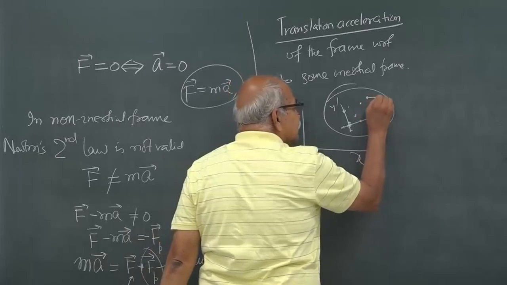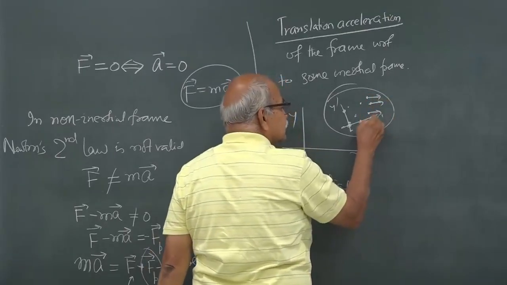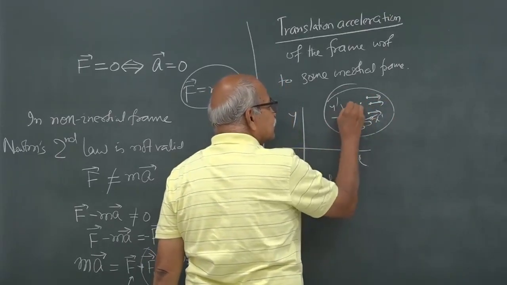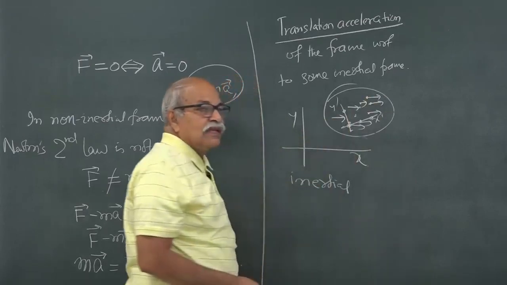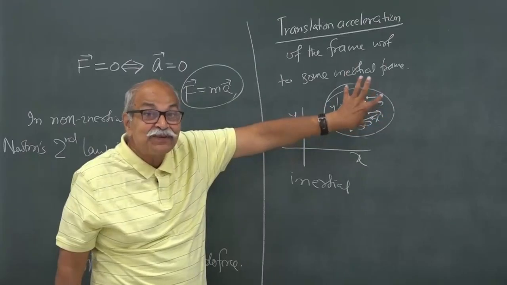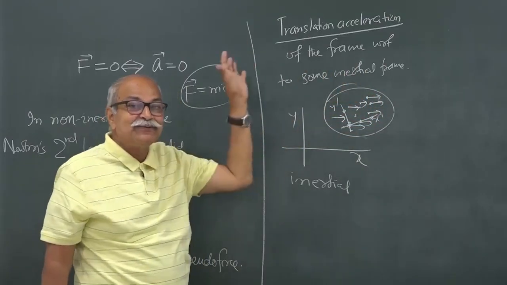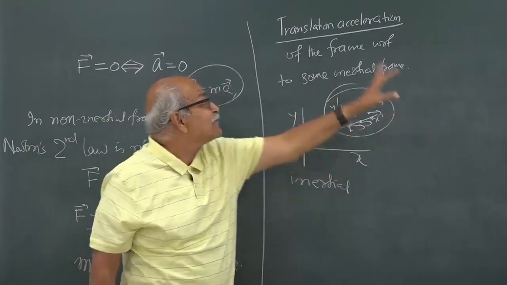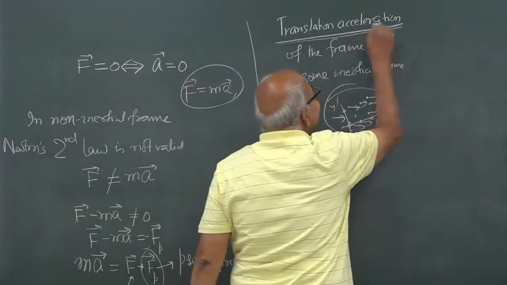If the velocity is upward, then everything is going upward. So, axes are not rotating, they are only translating. That we call translational acceleration.